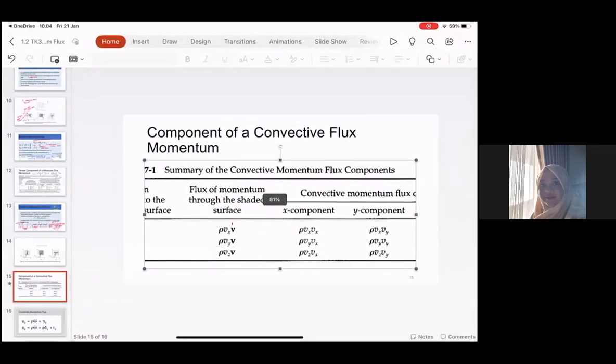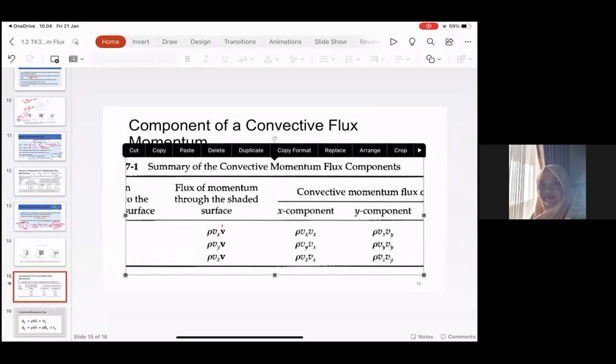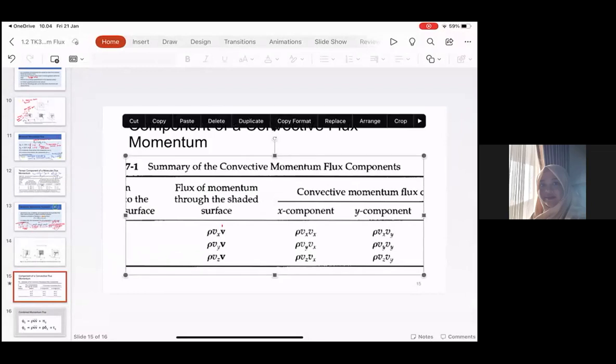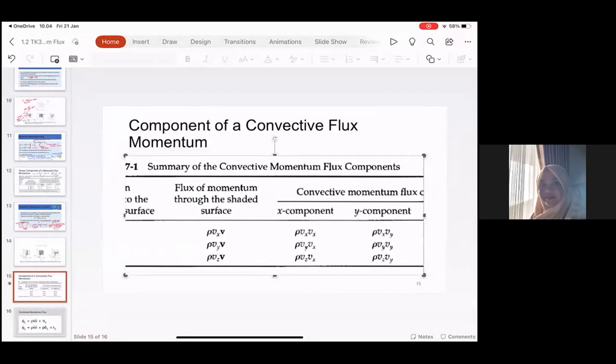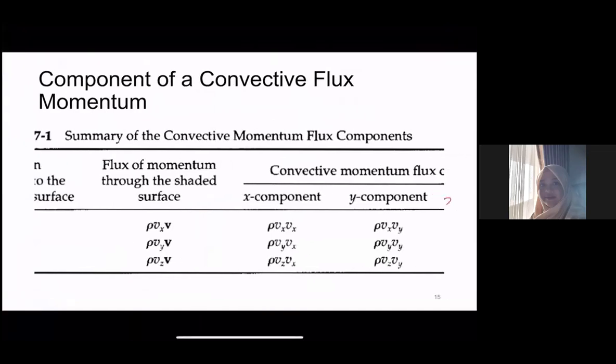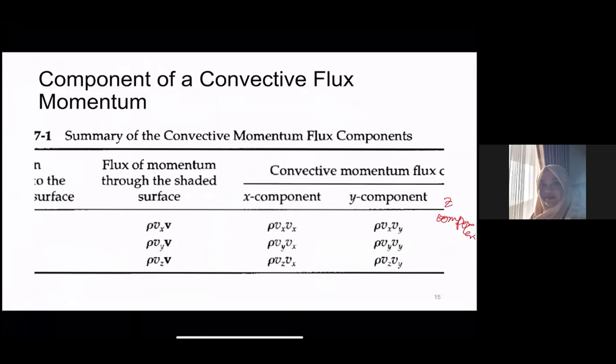I didn't write the component z, but there should be a z component here. Sorry, the picture is cropped. So that would be the flux of momentum through the shaded surface, with vxx, vxy and so on.